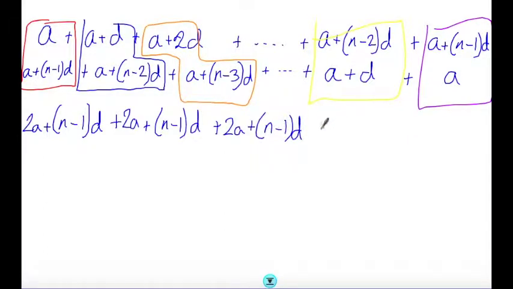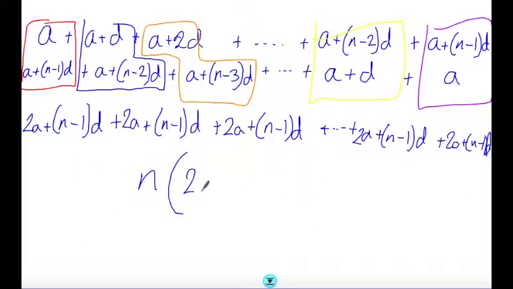The same thing happens for all the other terms. So here we've got 2a plus (n minus 1)d, and finally another 2a plus (n minus 1)d. So how many of those do we have in total? We've got n lots of 2a plus (n minus 1)d.